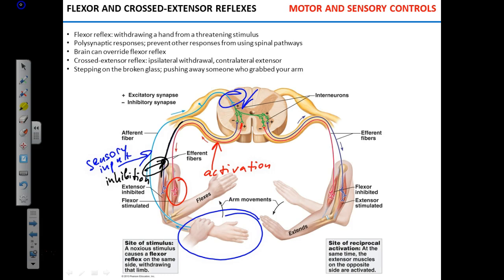Extensors. And which ones do you need to inhibit? Flexors. Sorry, I should have written inhibition. Okay. Does that make sense?